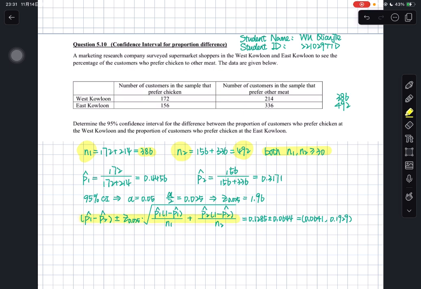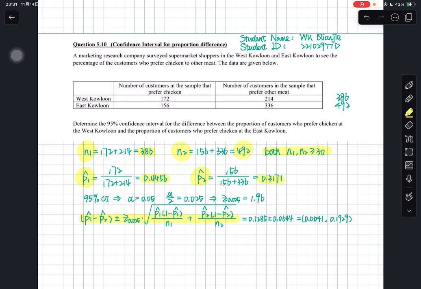To use this formula, we need some values. First, the proportion of customers who prefer chicken in west colon, p1, is 0.4456. Also, the proportion in east colon, p2, is 0.3171.